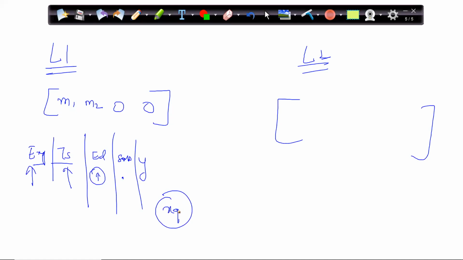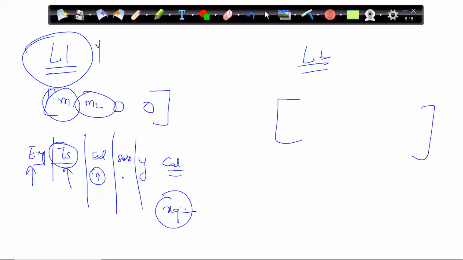I have to multiply the experience of the new guy with M1. I have to multiply the team size of the new guy with M2. These two multiplications I don't need, because it's already 0. So automatically my calculations will become faster. And that's the reason L1 is faster performance wise.